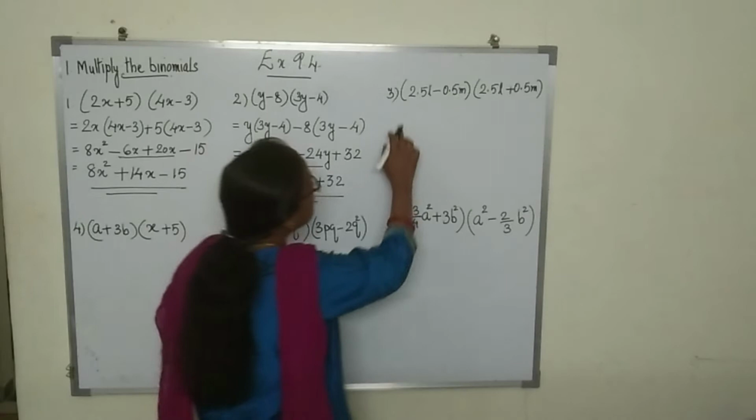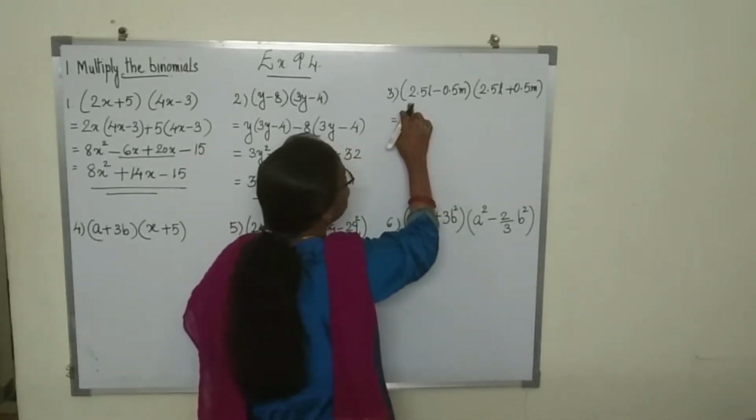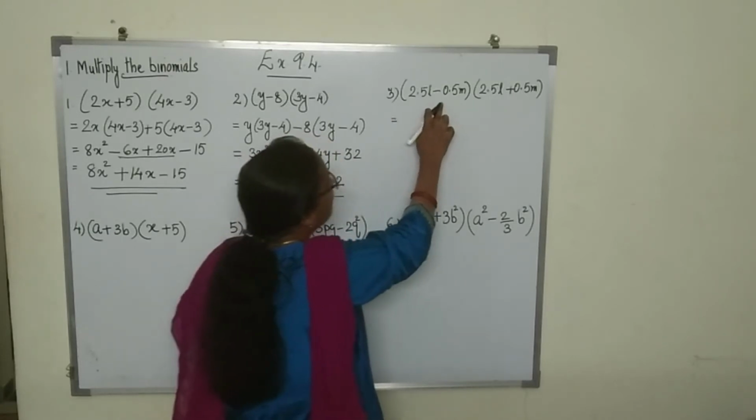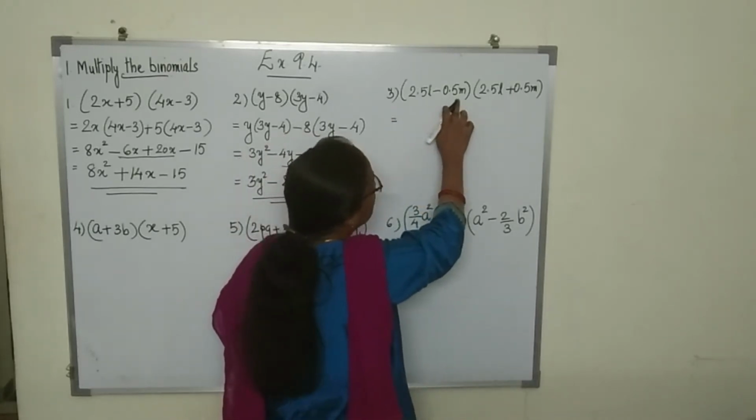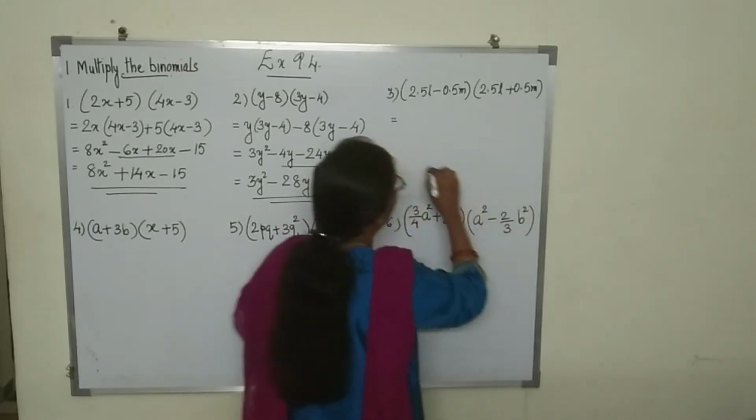Now here we have decimal coefficients. So the first one is 2.5L minus 0.5M multiplied by 2.5L plus 0.5M.